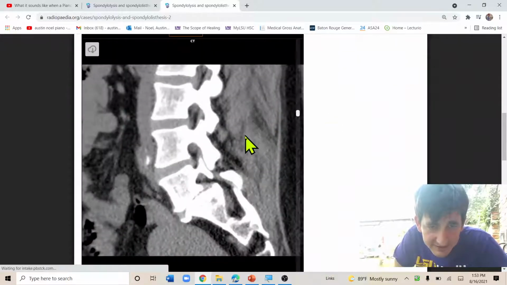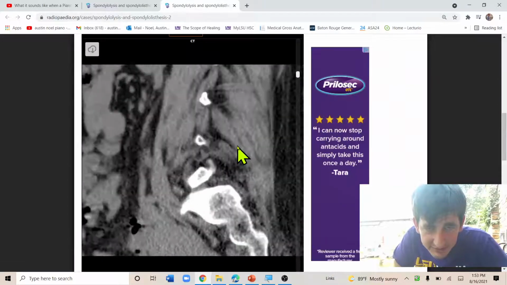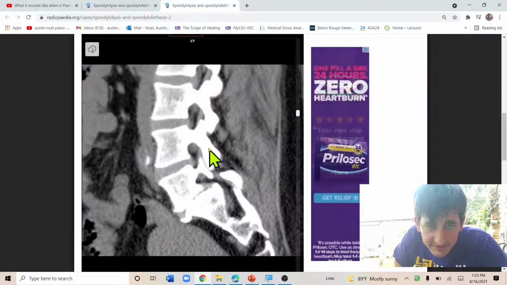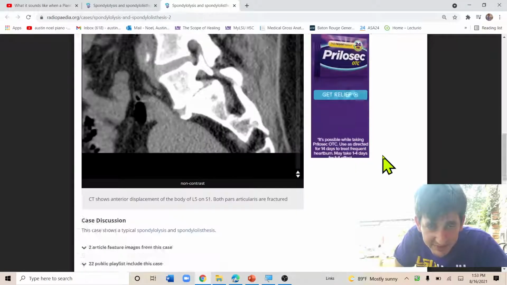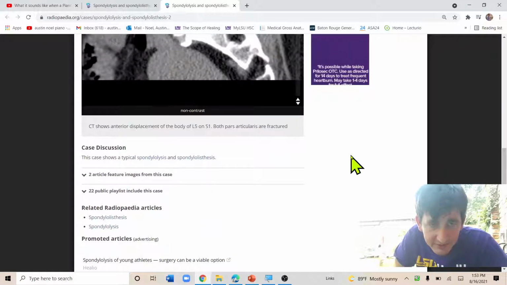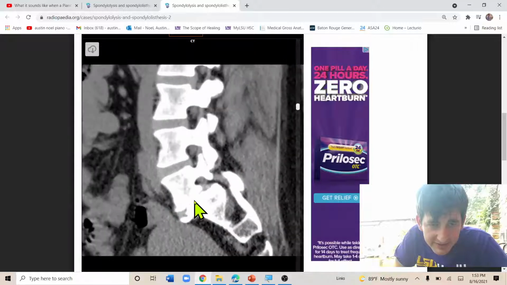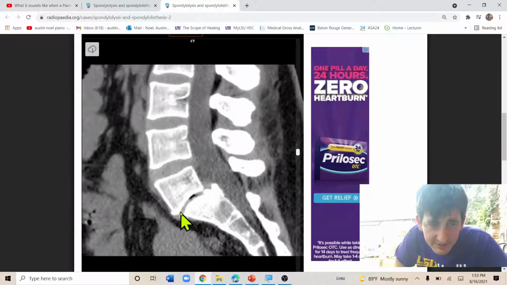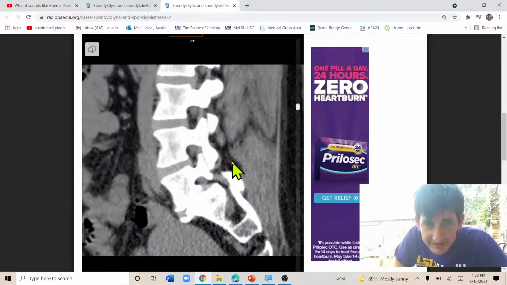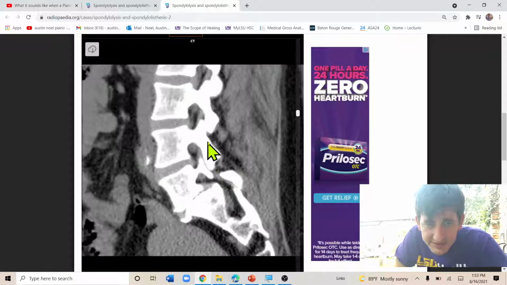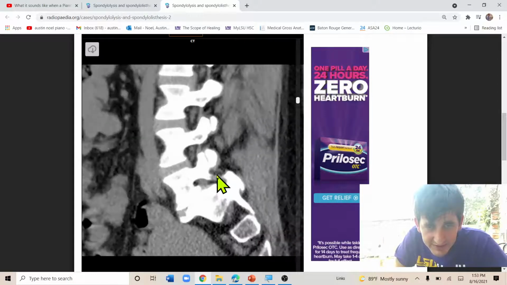Now here is a better example, in my opinion. So here's these normal spinous processes, but L5, right, we have this spondylolisthesis as well, pushing outward over this S1. But L5, the spinous process here, this is L4, this is L3, there is a gap, and this is fractured.